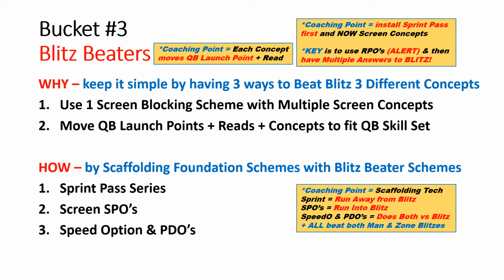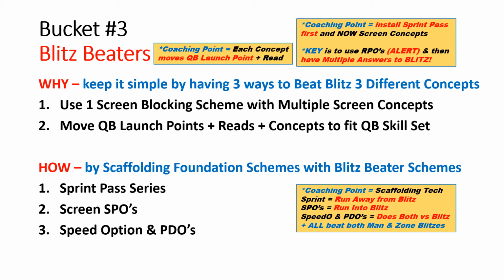How we're going to do this, as I mentioned before, we're going to scaffold those foundation schemes with our Blitz Speeder schemes. Number 1, we're going to go to that sprint out pass series where we just run away from the blitz. Number 2, we'll use our screen pass options, and you can see again we can use one blocking scheme but multiple screen concepts and get the ball to every skill position so you can get it to your impact player where we're running right into the blitz.